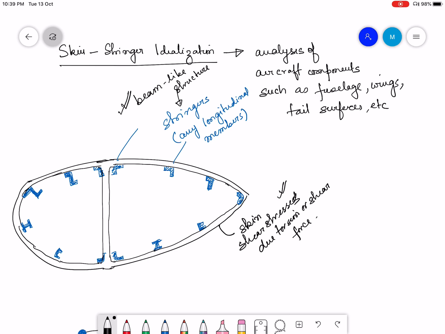You don't need the accurate value of the stresses. So because of these two objectives or motivations, which motivate the whole analysis that we are going to talk about at this point.